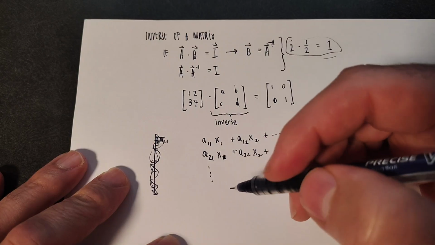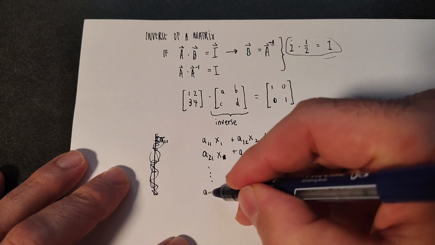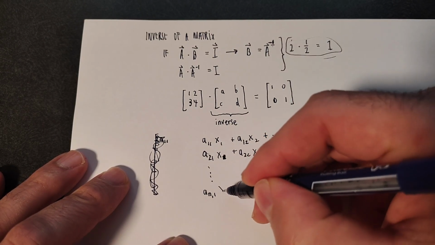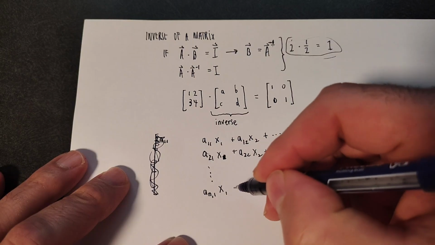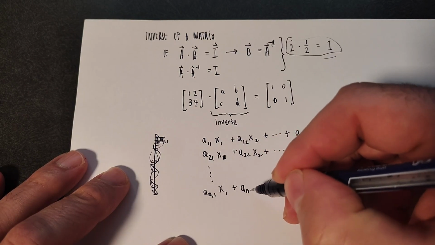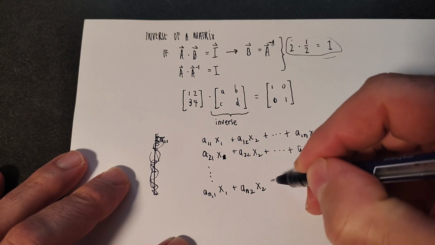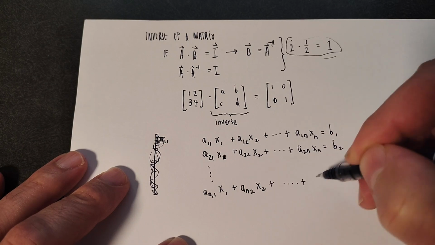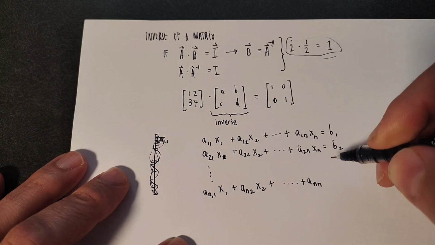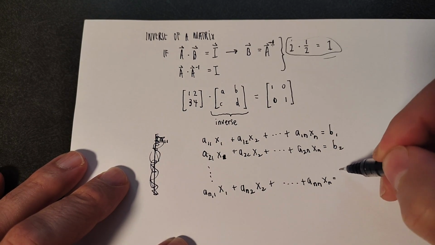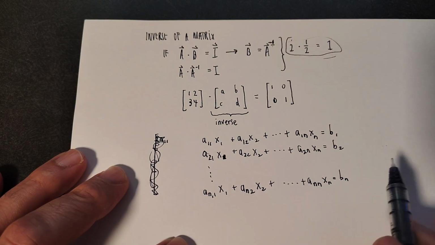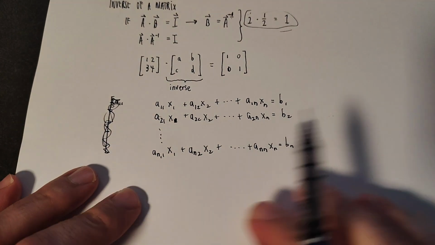We can go all the way down to an1 x1 plus an2 x2 plus ann times xn equals bn, where n is the dimension of the matrix of the system.